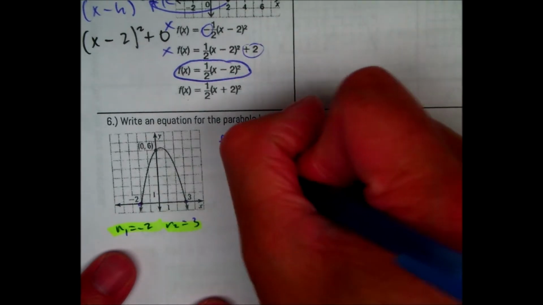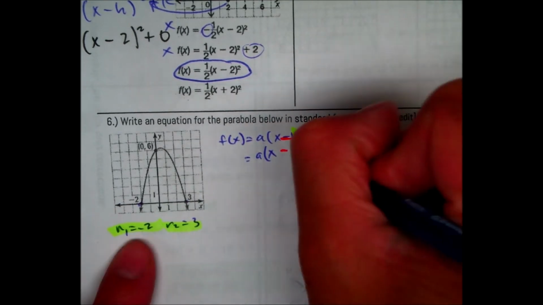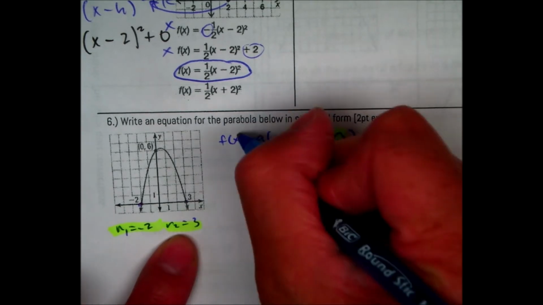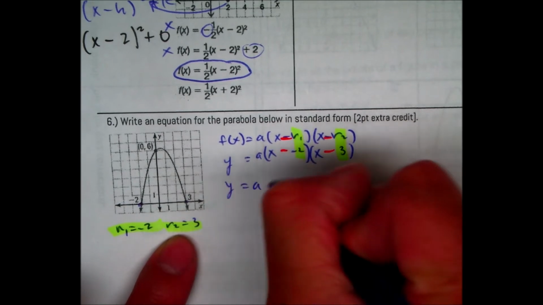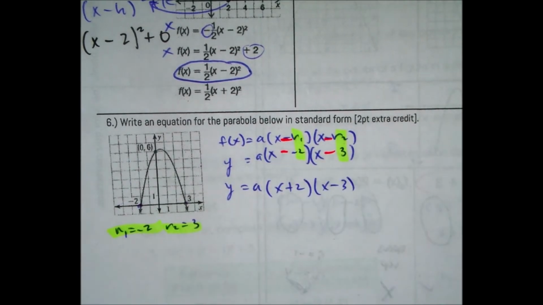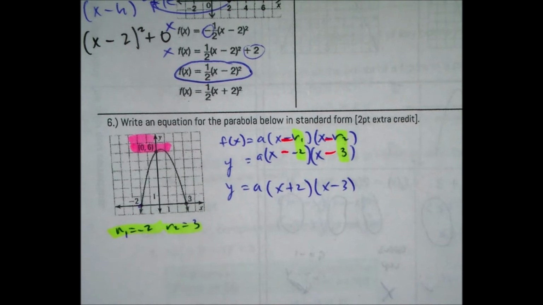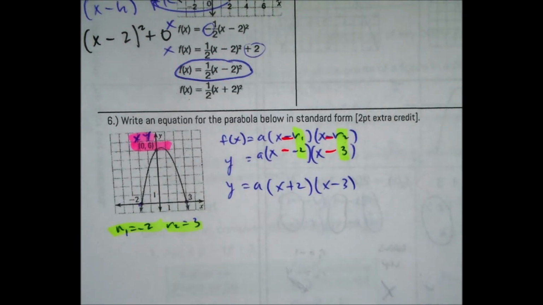So we're going to have x minus negative 2, x minus 3, and then I'm going to change the f of x to be a y. So to be nice and clean, I'll have x plus 2 and then x minus 3. And in this problem, it tells you that 0, 6. So basically that means every x value is going to be 0, and a y value is going to be 6.